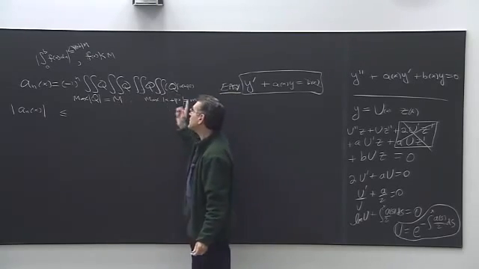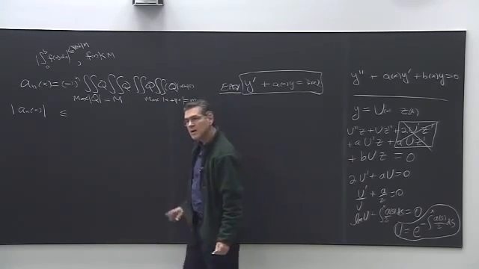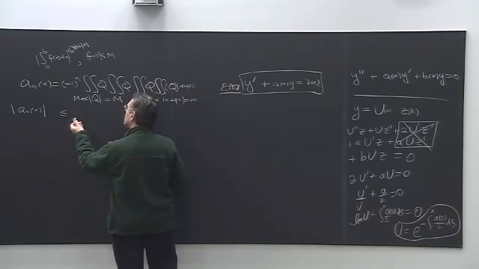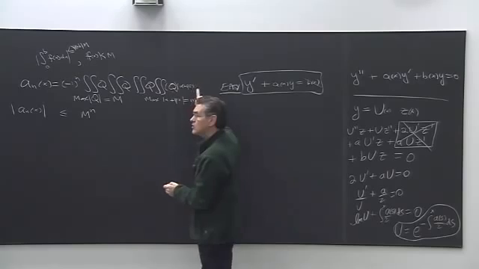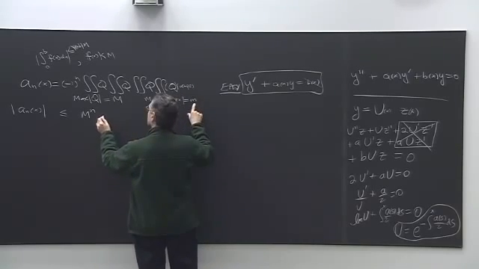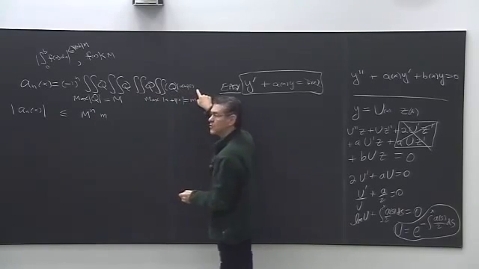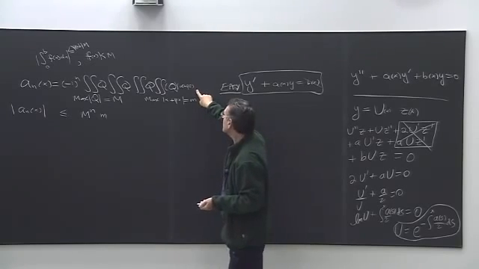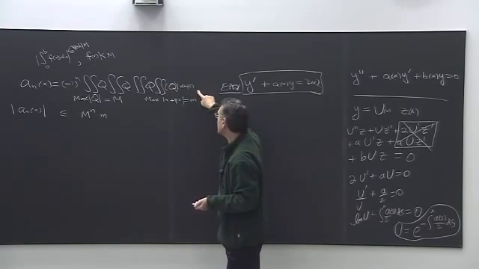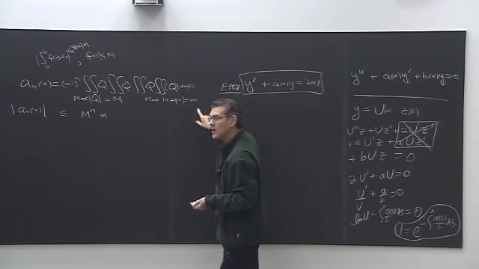Then how big can this integral possibly be? It can't be any bigger than m to the power n, because there are n different Q's, times m, the maximum value of the function alpha plus beta x. That's how big that is.